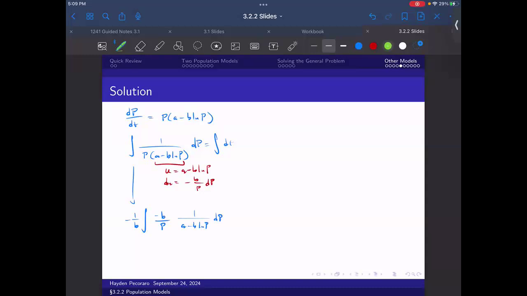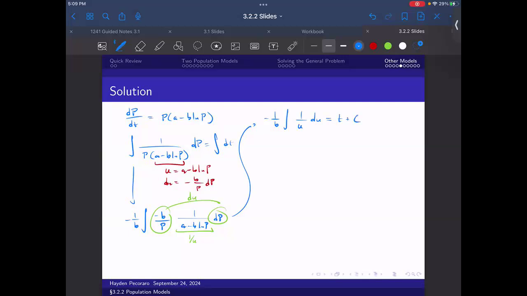Okay. This and this give us du, and this right here is 1 over u. So we have minus 1 over b integral 1 over u du equals, and then on the other side we have t plus c.